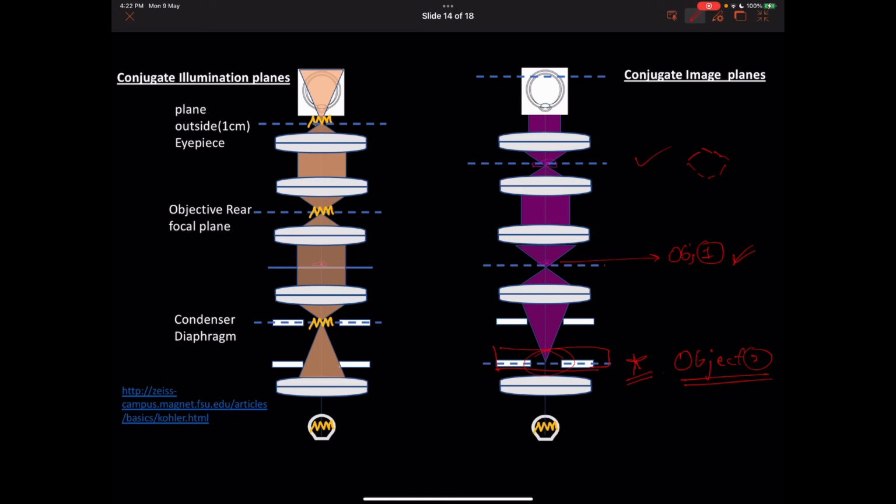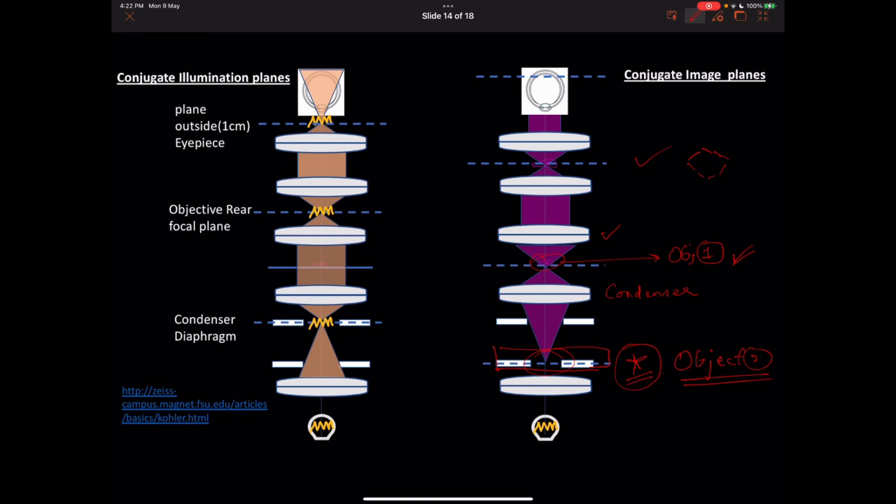Again, your sample, which is placed here, is imaged by the objective lens, but your field diaphragm, which is placed before the sample, is actually being imaged by the condenser lens. If the position of the condenser lens is not proper, it is not going to image this object number 2, that is the condenser diaphragm, or basically the aperture, the first diaphragm after the collector diaphragm.